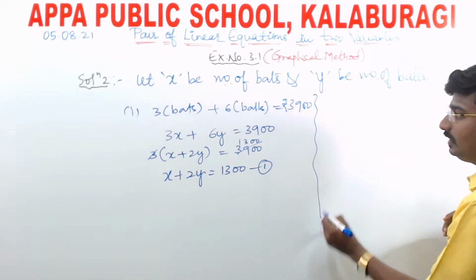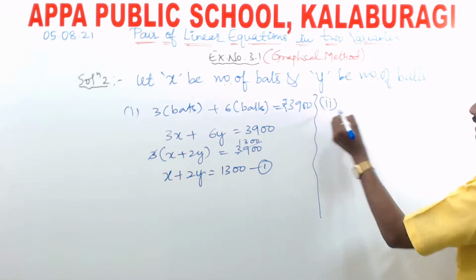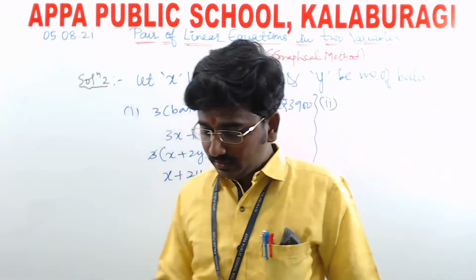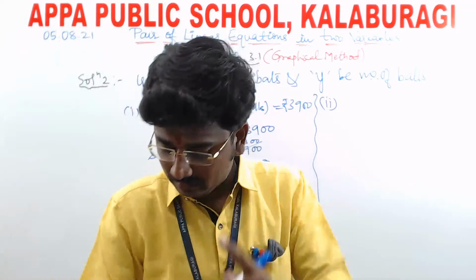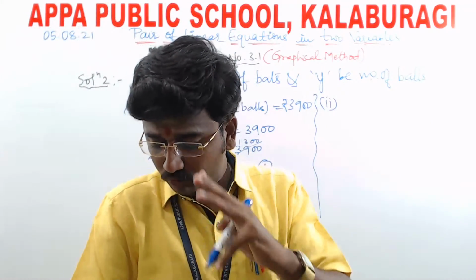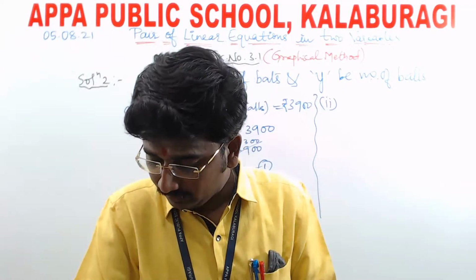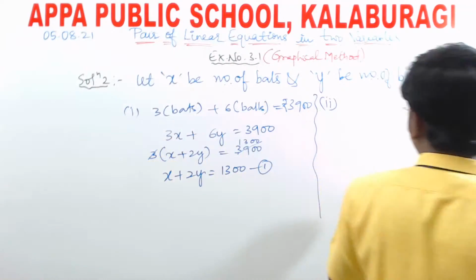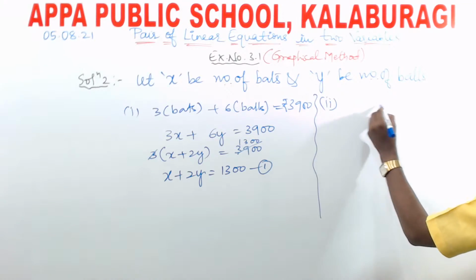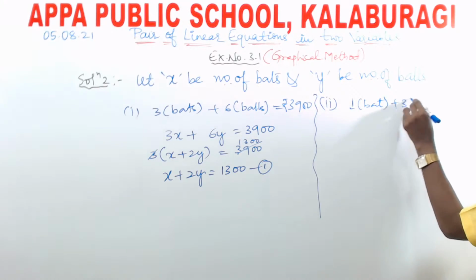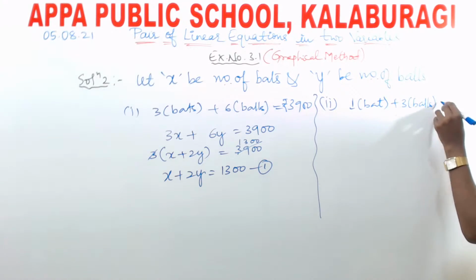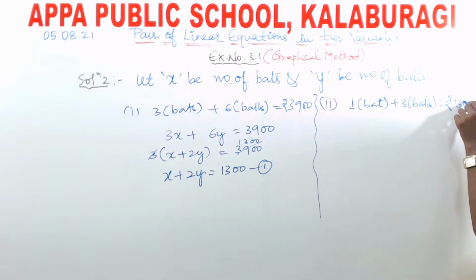Now in the second condition, he purchased another bat. Another bat means only one bat with 3 more balls of the same kind for rupees 1,300. So one bat plus 3 balls together cost rupees 1,300.